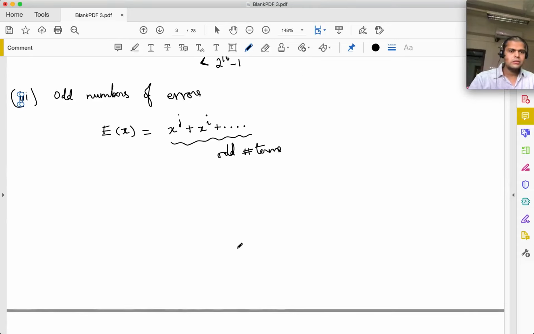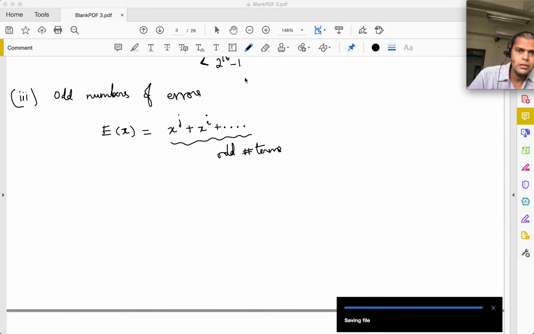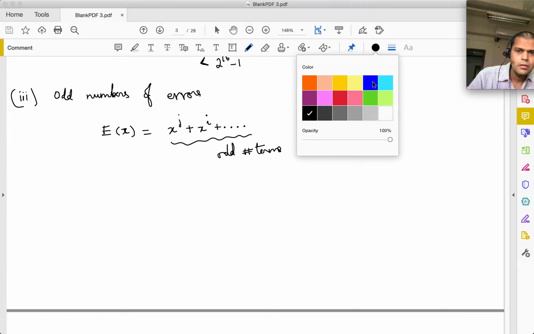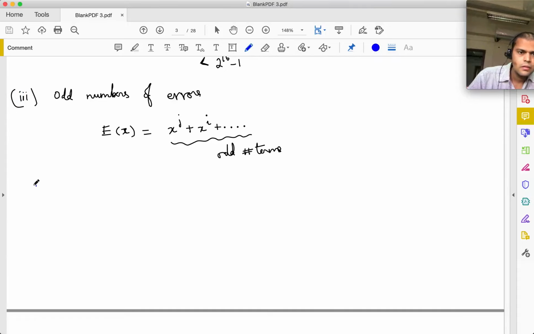So how is it possible? Can we come up with a way to create an appropriate C of x so that we'll be able to detect all errors of this form? Now what I'm going to claim is that if C of x has 1 plus x as a factor, then it will not be able to divide E of x of this form.